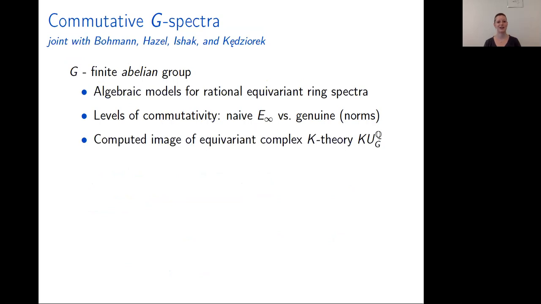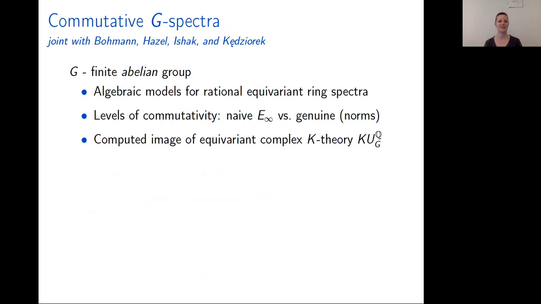Another thread of my work is looking at commutative equivariant ring spectra. This work is collaboration with Anna Marie Bowman, Christy Hazel, Jocelyn Ishak, and Magdalena Kedziorek. In this work, we let G be any finite abelian group, and we consider algebraic models for rational equivariant ring spectra. Now, there are a number of different kinds of models because there are different levels of commutativity in the equivariant world.